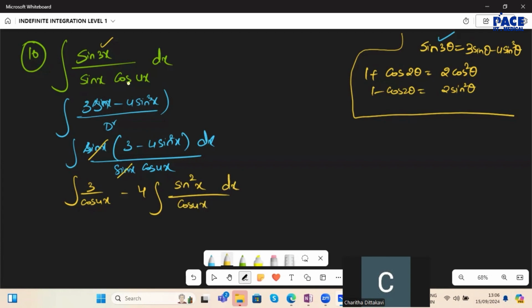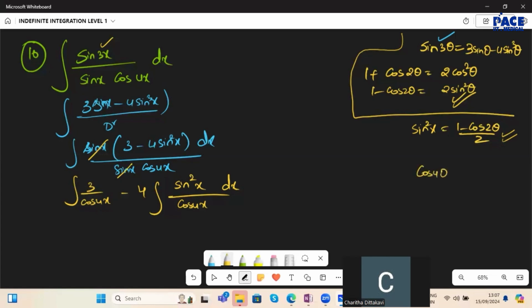Right. So sin square x is what we have. Cos 4x is what we have. Now, what is sin square x from here? Is my sin square x taken as (1 minus cos 2 theta) by 2? Right? Sin square x is nothing but (1 minus cos 2 theta) by 2. How about cos 4 theta?